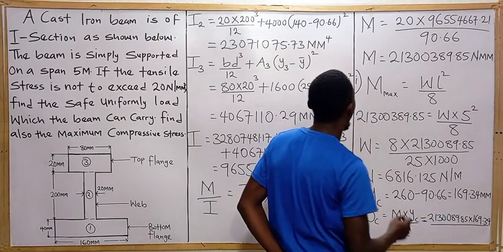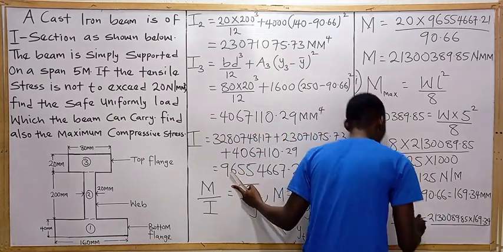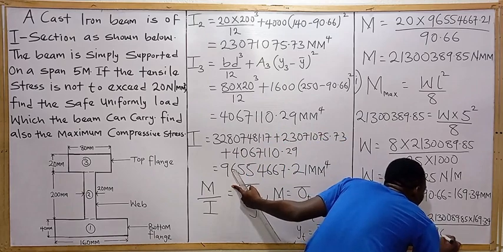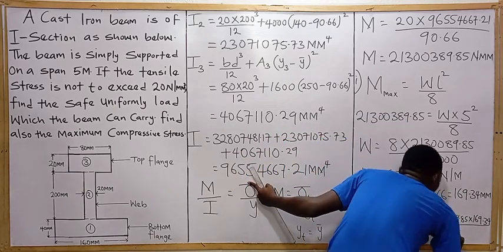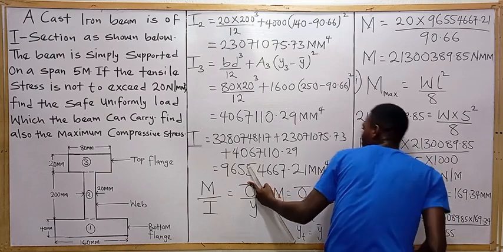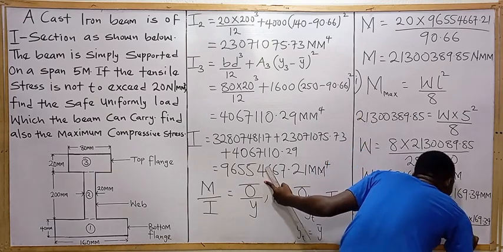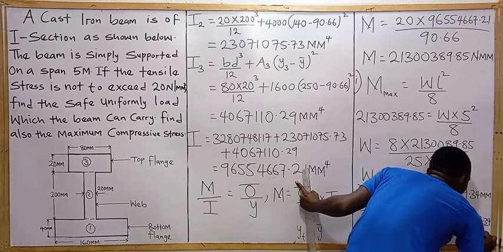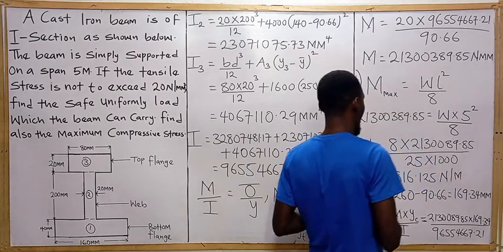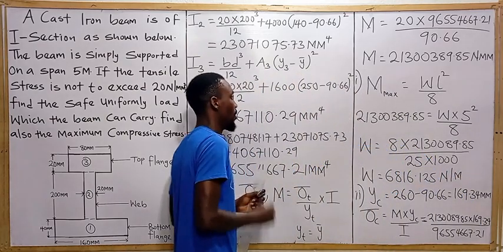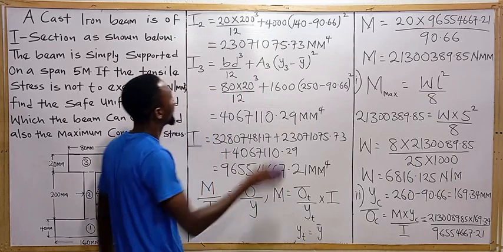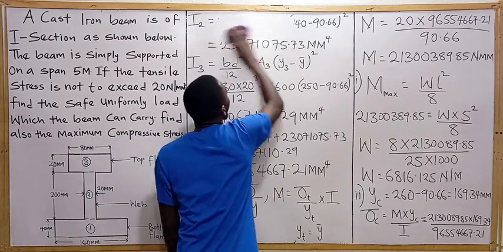Our I is nothing but 96.4667 point 0.21. So if you press that in your calculator, you are going to have your final answer for that.